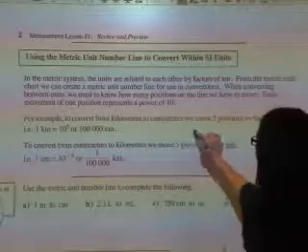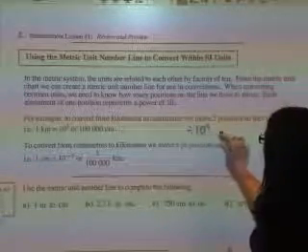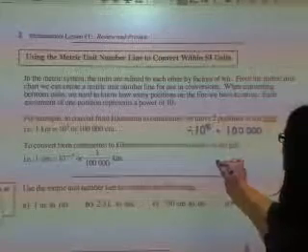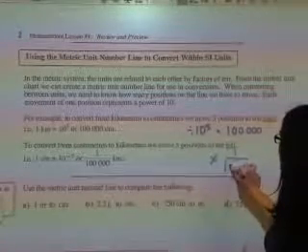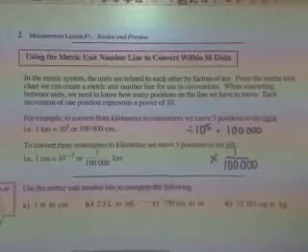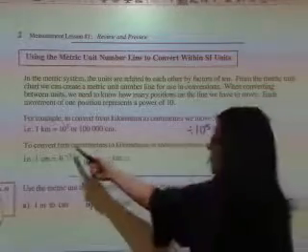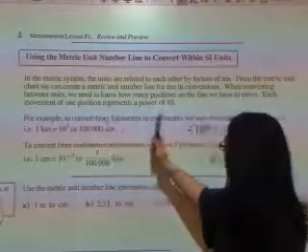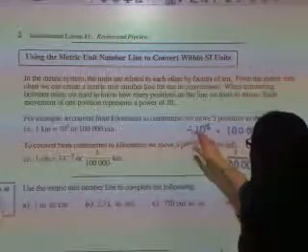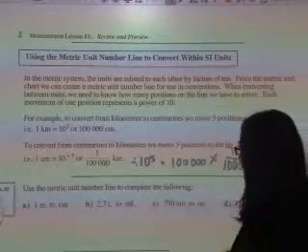Because to divide by 10 to the power of 5, which would be 100,000, is the same as multiplying by the reciprocal. So if you look at how they're showing to convert from kilometers to centimeters, oh, sorry, it's going from centimeters to kilometers is this one.